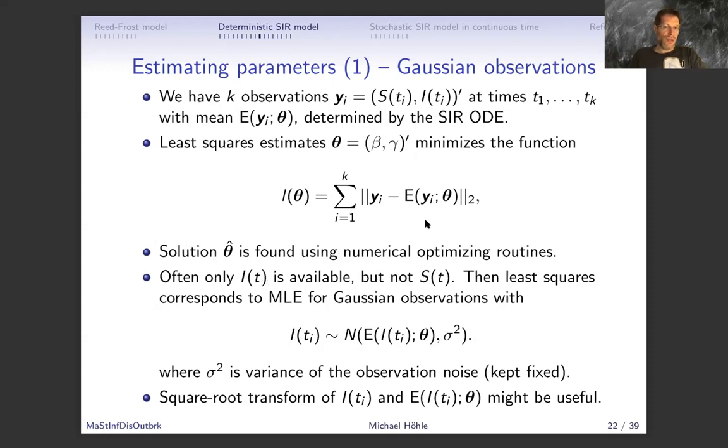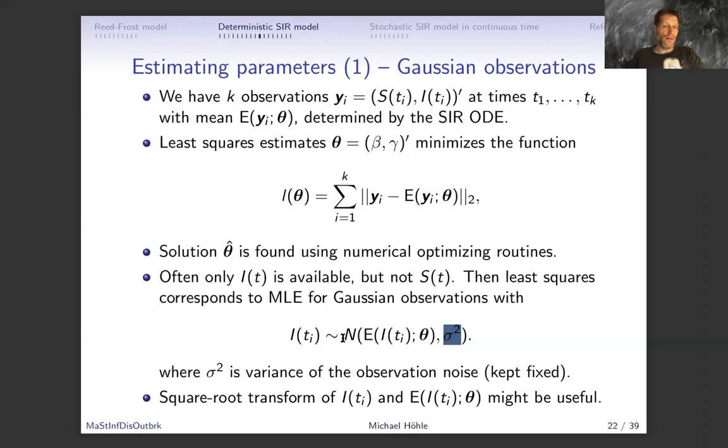But then we would just say yi is simply the I(t) component, and what we take from the model is the I(t) component which we get from our fitting, right? So here we say the observed value of I(t_i) is what we get from our SIR model output for I, and we will have some homoscedastic noise.